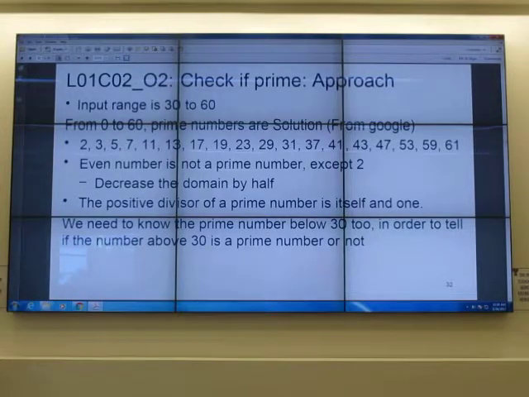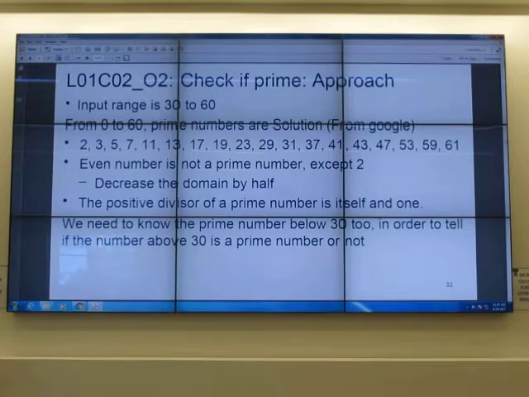When I Google it, they didn't say that 1 is a prime number. The positive divisors of a prime number are itself and 1. So 6 is not a prime number because when I divide it by 2, I don't get any remainder.